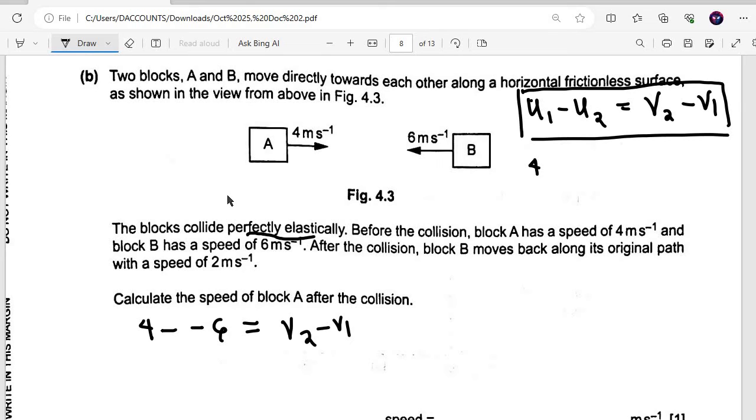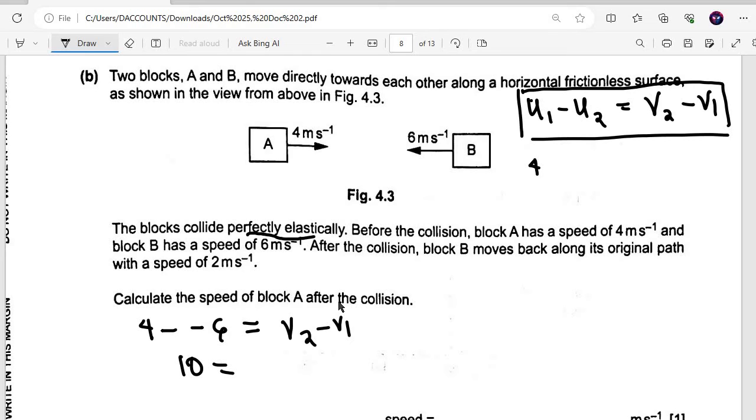So it moved back along its original path. After collision, with a speed of 2 meters per second. This one is 10.